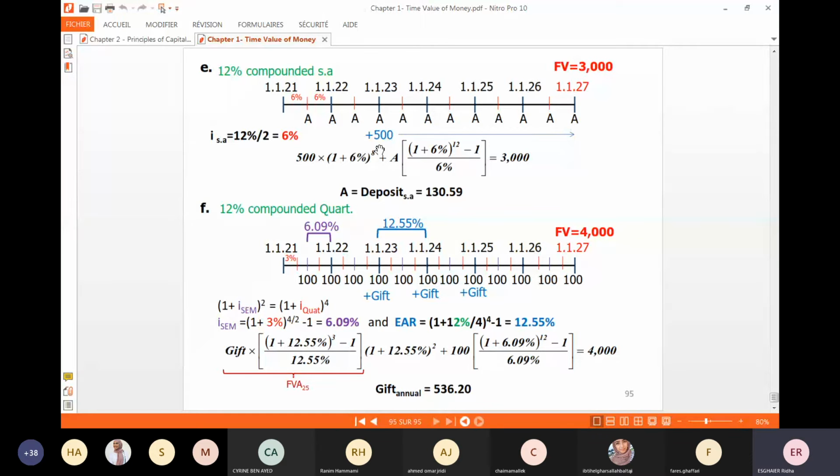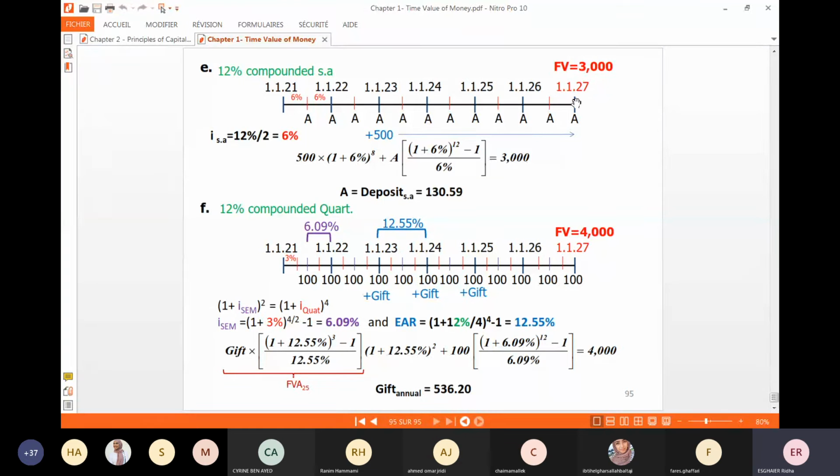You need to accumulate on 1/1/2027 $3,000. What must be each A to get $3,000 if the interest rate is 12% compounded semi-annually? So here, if the interest rate is compounded semi-annually, the future value of the 500 at the date 1/1/2027 is 500 times 1 plus 12% over 2 power 2, to say that you will get the half of 12% twice a year.